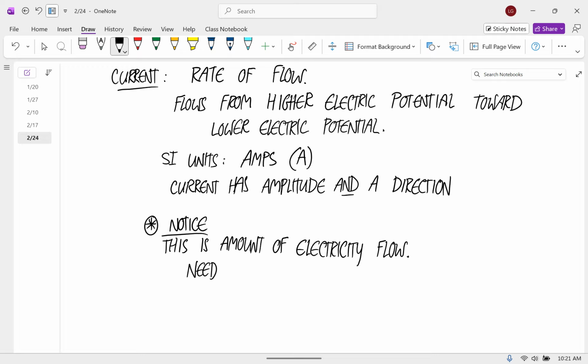So we need this to be the right amount for any device.